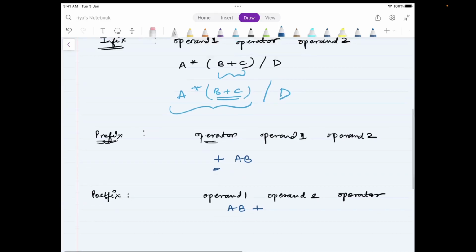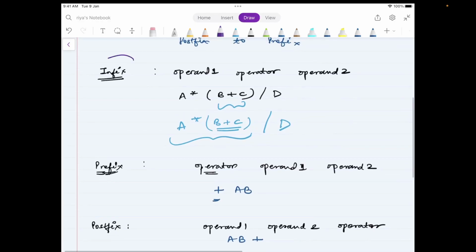Whenever you're dealing with infix expressions, the concept of precedence and associativity comes into play, because you have to follow the relevant rules to do the computation. If I do not put parentheses, you will have to go by the precedence, where this addition needs to be done first, then the result multiplied and then divided.